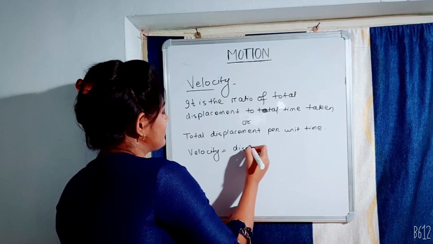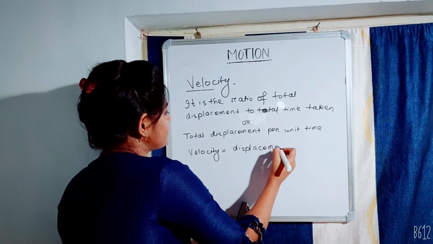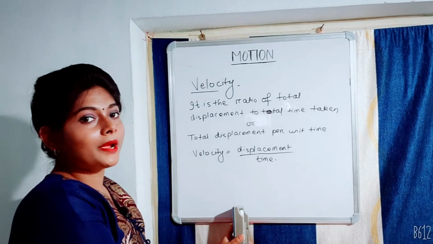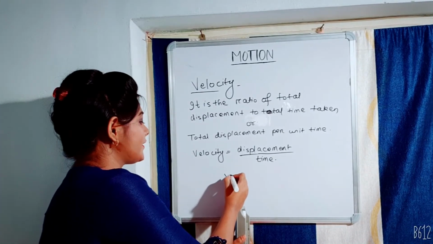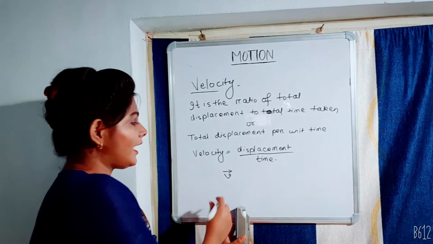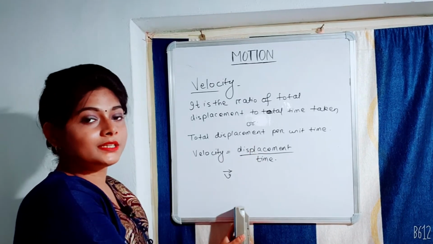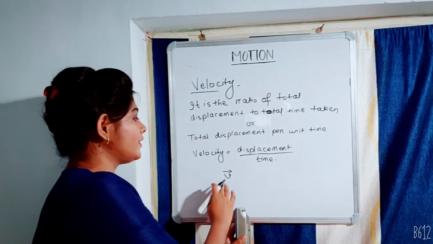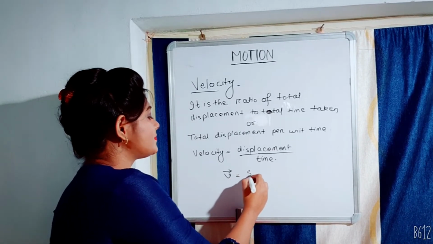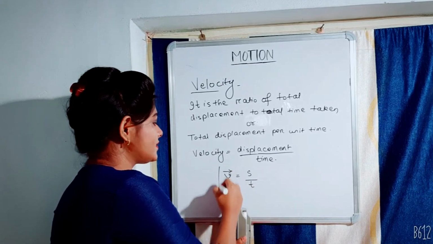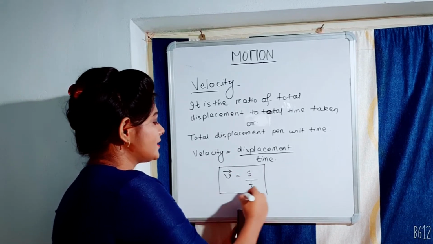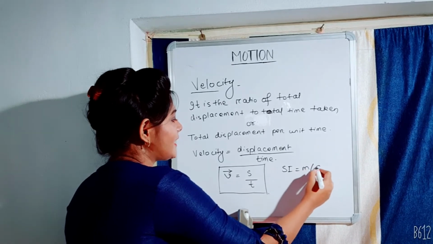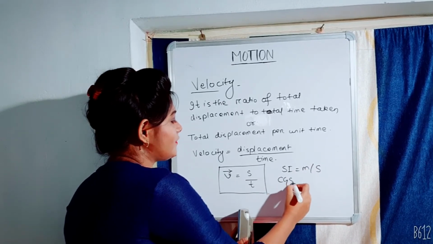And the formula for velocity is displacement by time, and velocity is denoted by the symbol small v vector. As displacement is a vector quantity, velocity is also a vector quantity. So velocity is equal to displacement by time. This is the formula for velocity, and SI unit for velocity is meter per second and CGS unit for velocity is centimeter per second.